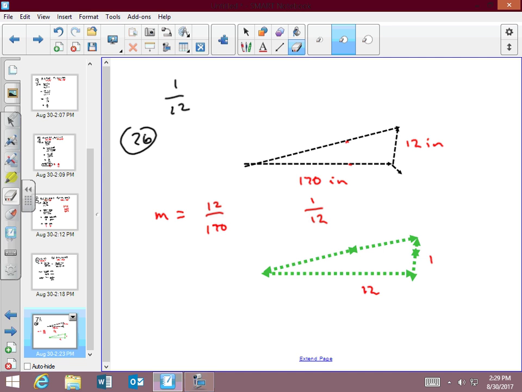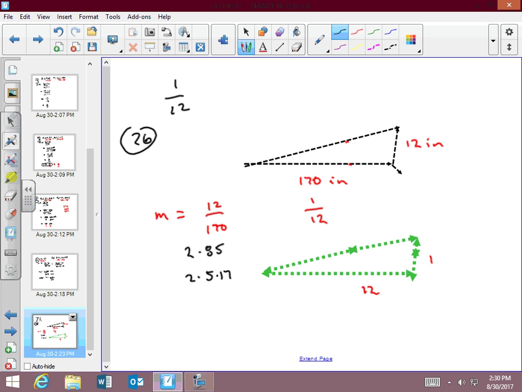Well, what you're going to have to do is get least common denominators with these two. So you're going to have to prime factor this 170. Prime factoring it, the 2 out of 170 would be 2 times 85, and then a 5 would come out of 85, and you'd have 17.